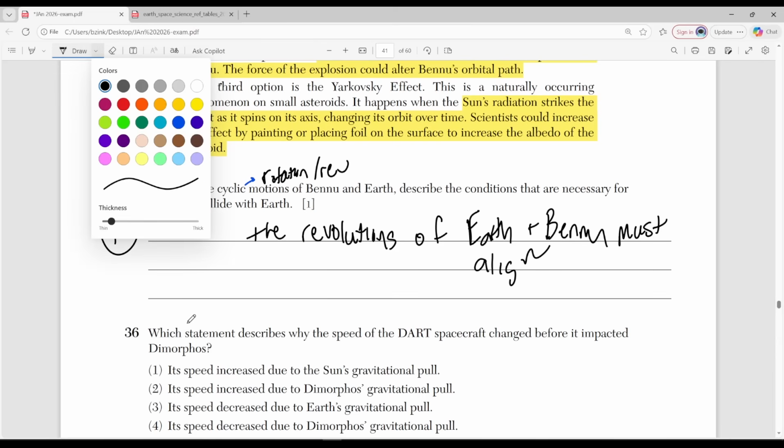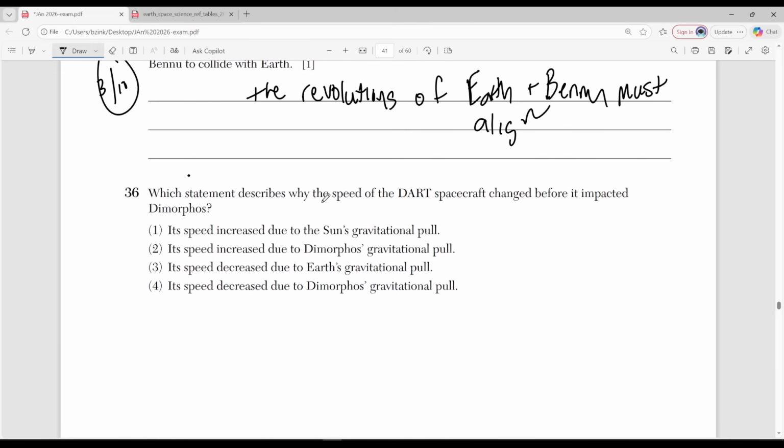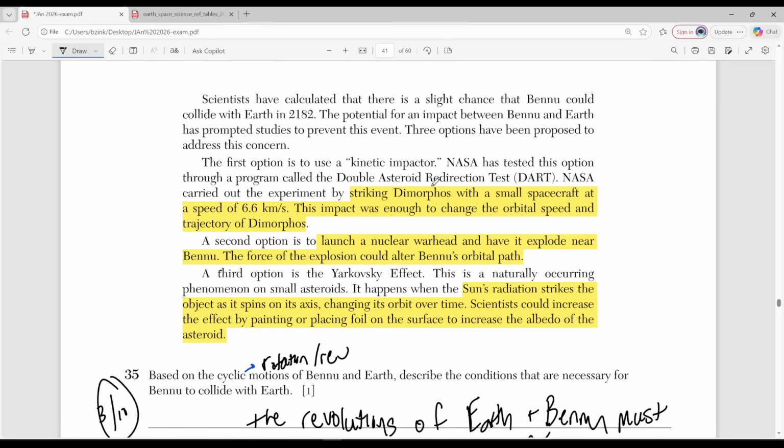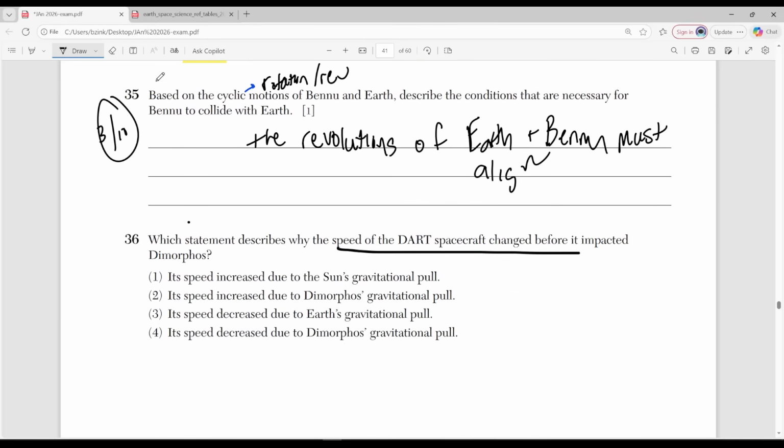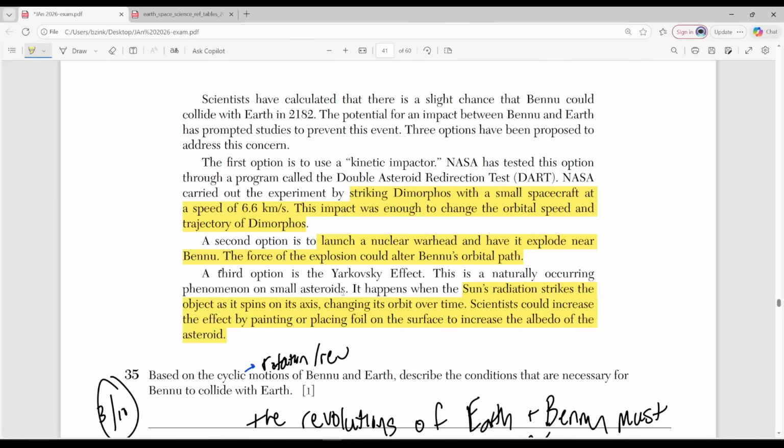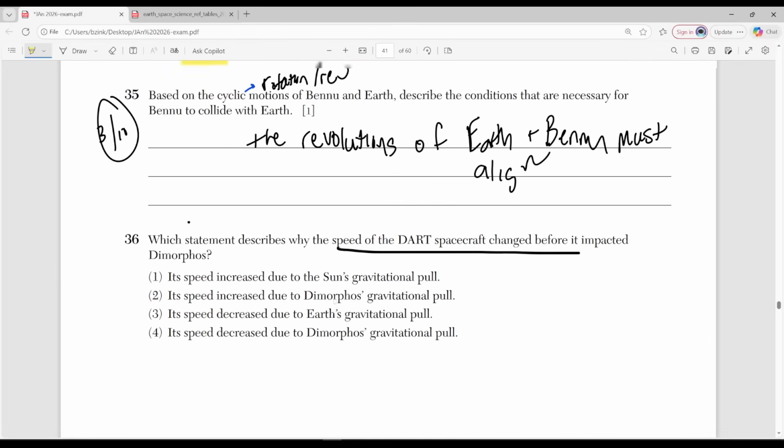I don't know. Okay. Which statement describes why the speed of the DART spacecraft changed before it impacted? Why did the speed change? Okay, let's see which statements are right or wrong. Its speed increased due to the sun's gravitational pull. Probably not. The sun's far away, so I'm going to say that's probably wrong.